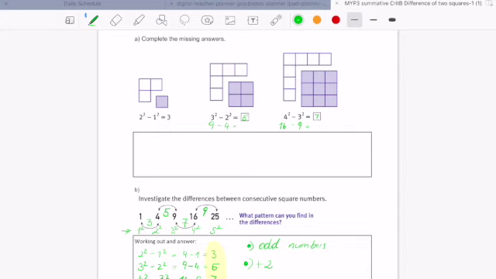Some of you have also noticed that it's exactly the number of squares in that white pattern here. Yeah, so that's also something that you could have noticed. I'm going to write this down here.